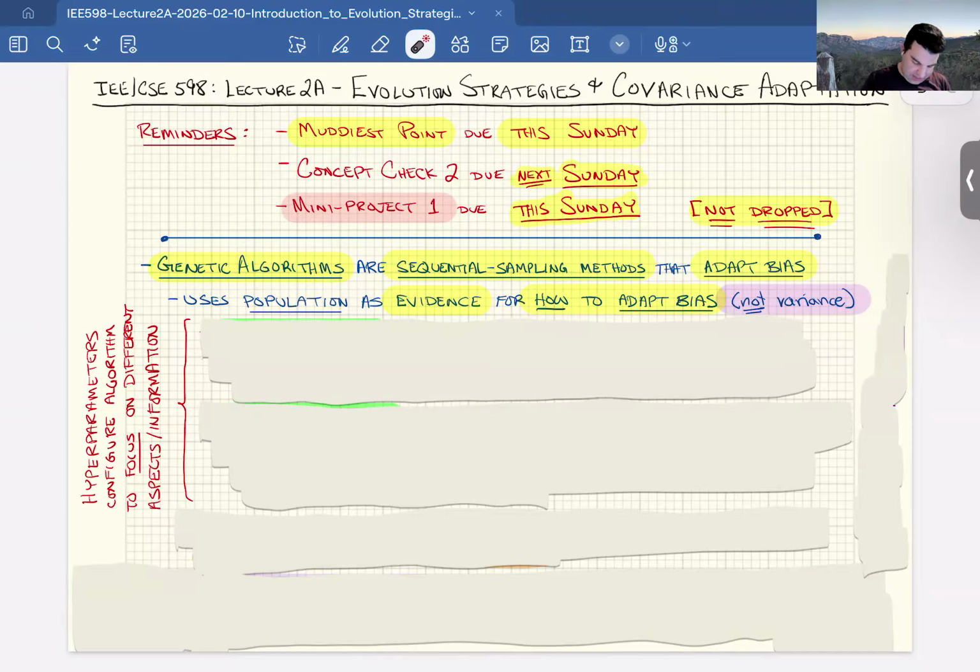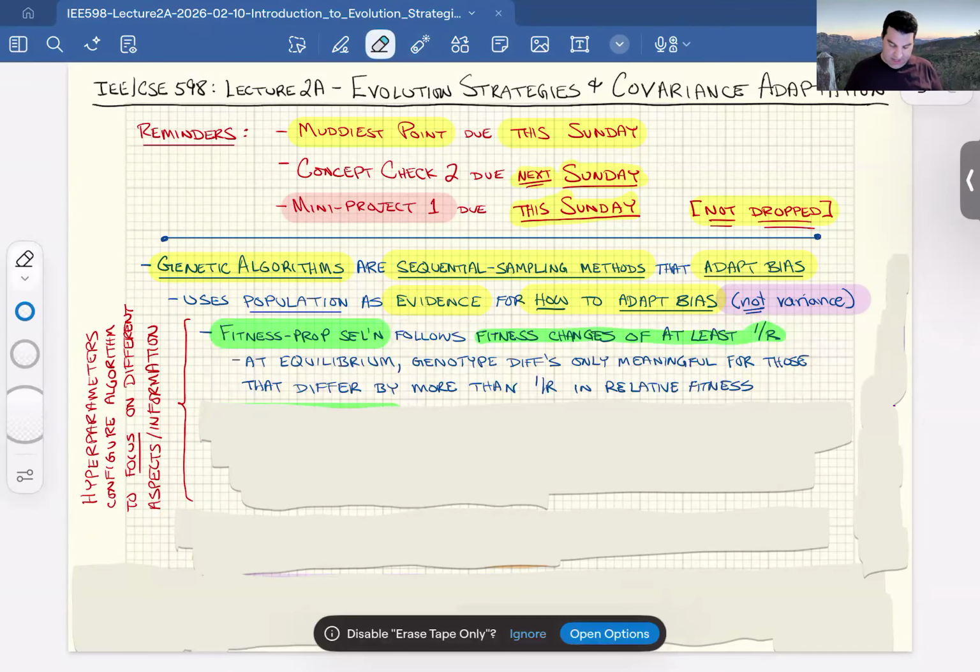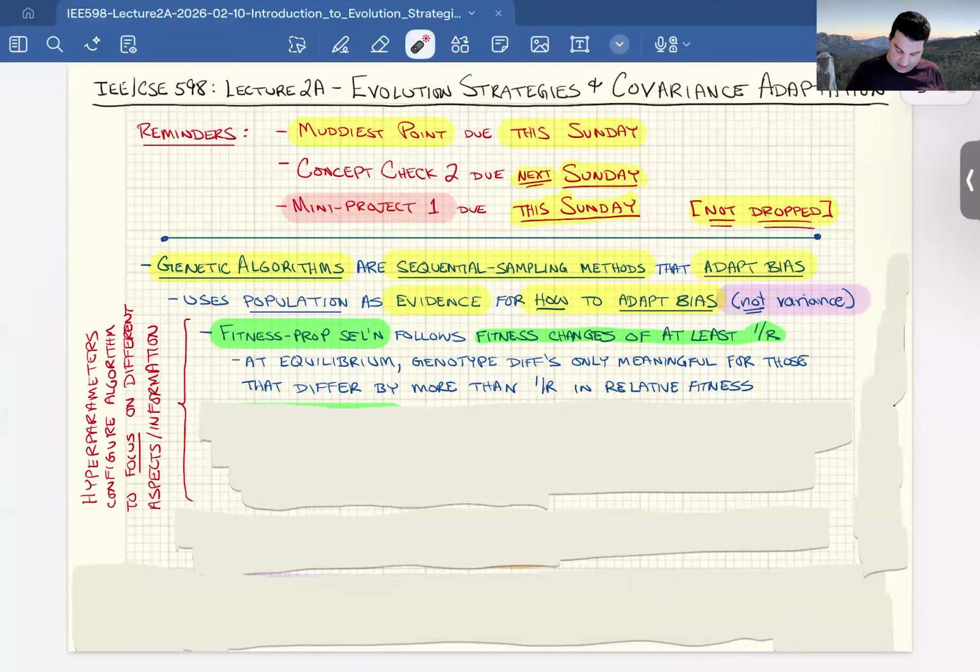The hyperparameters of the GA are really changing how the evidence is used, or what the algorithm sees with that evidence. In fitness proportionate selection, FPS, the idea is that we're following fitness changes of at least 1 over R in terms of relative fitness. So there's this band.